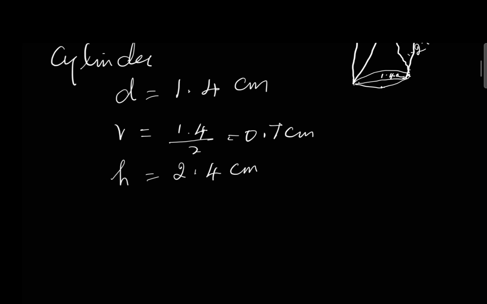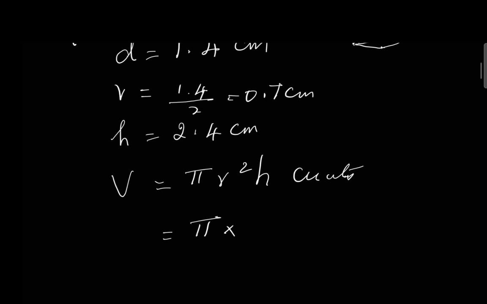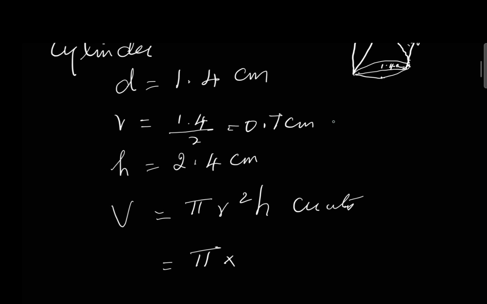First we take the cylinder and find the volume of this. Volume is equal to pi r squared h cubic units. You keep pi as it is, and r is 0.7 centimeter.